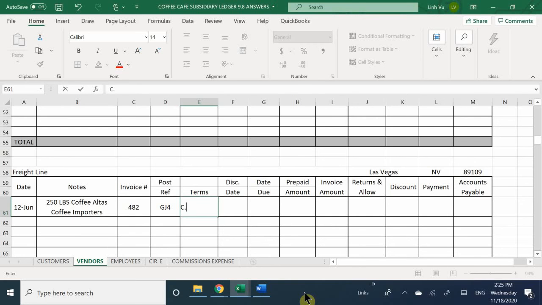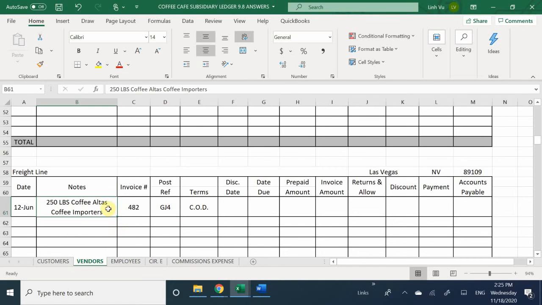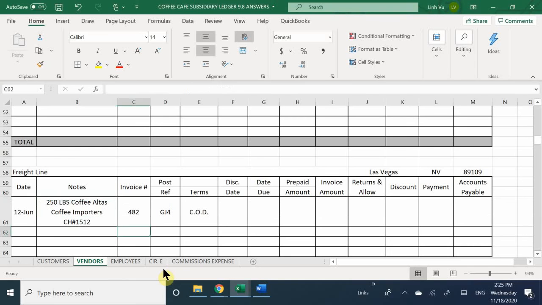Another thing I've got to add in here is my check number. So after Atlas Coffee Importers, check number 1512. Right?